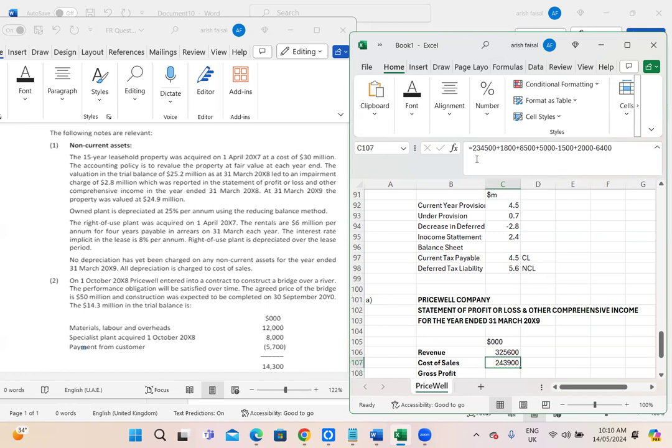So let's have a look. 234500, that was as per the question. Then 1800 is depreciation for your leasehold property.